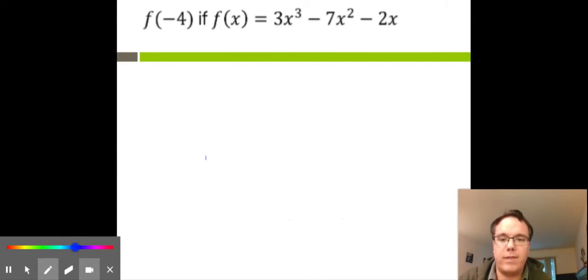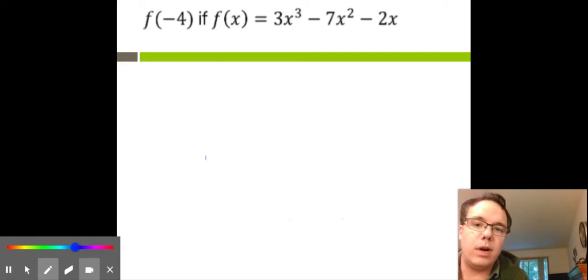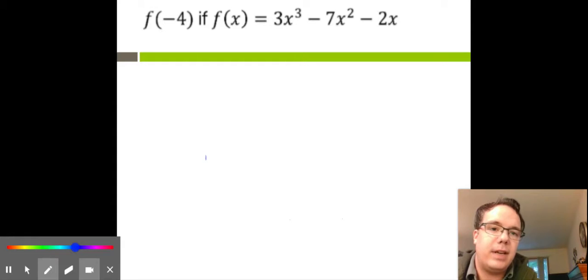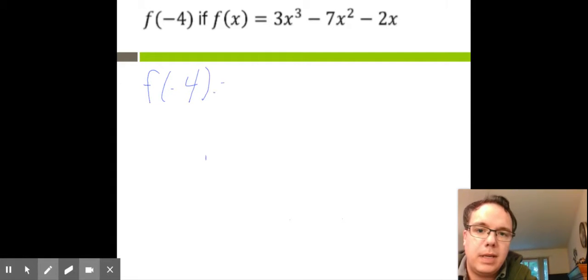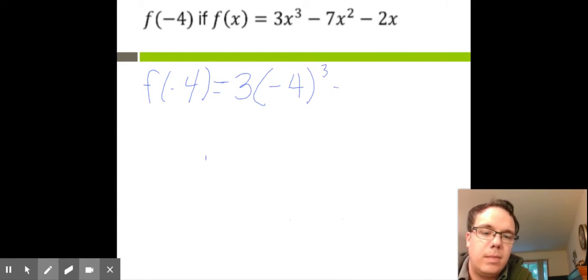So if we have f of x, f of negative 4, if f of x equals 3x cubed minus 7x squared minus 2x, to find f of negative 4, we're going to plug in negative 4 whenever we see an x. So we're going to get 3 times negative 4 cubed minus 7 times negative 4 squared minus 2 times negative 4.